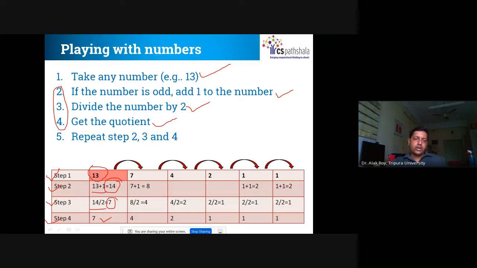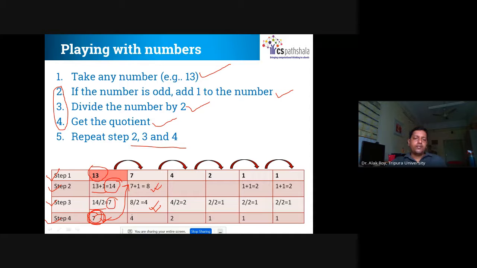So what is the remaining here? It is 7. In step 4, whatever result you got, repeat it with step 2. So now if you repeat, bring 7 here. 7 is an odd number. Okay. 7 plus 1 is 8. Since it is 8, you divide it by 2 to get 4.